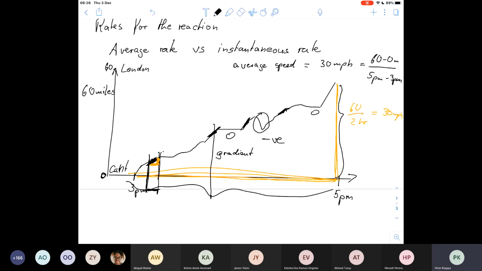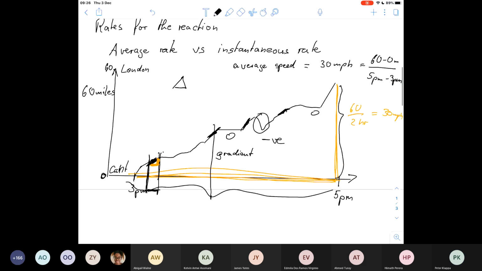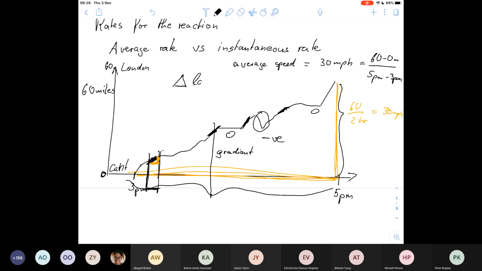So for the overall average speed, we said we take the distance, and I indicate that with this Greek triangle, which stands for difference in location, divided by the difference in time.